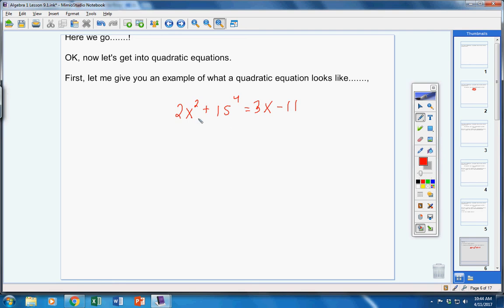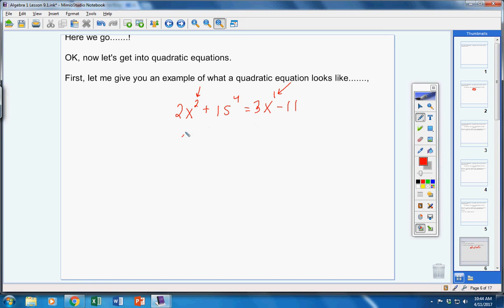It is, because this is not a variable, this is a 15, it's a number. You have to look at your variables. Here's a variable, what's the exponent? 2. Here's a variable, what's the exponent? 1. What's the highest exponent between the 2 and the 1? A 2. So yes, this is a quadratic equation. You've got to understand what a quadratic equation looks like.